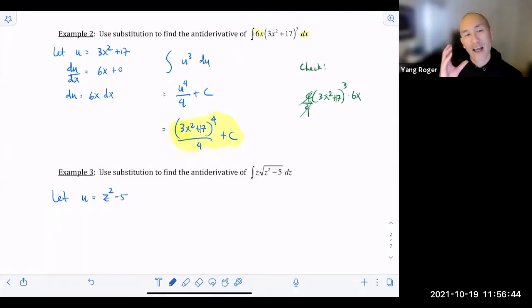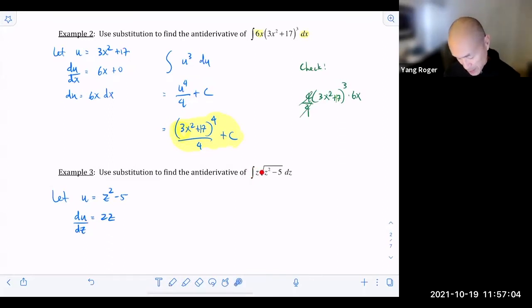At the same time, you should see the derivative of the inside sitting to the side up to a constant. When I calculate the derivative of u, I get 2z. So du dz is equal to 2z. I don't exactly see a 2z up here, but I don't really need the 2. The important thing is I need the z.